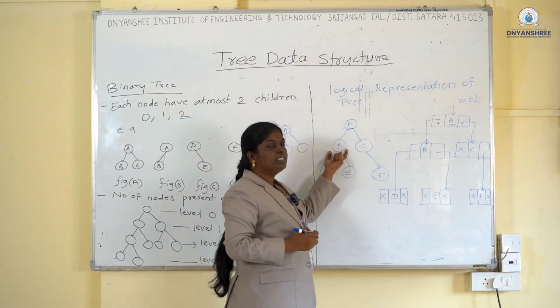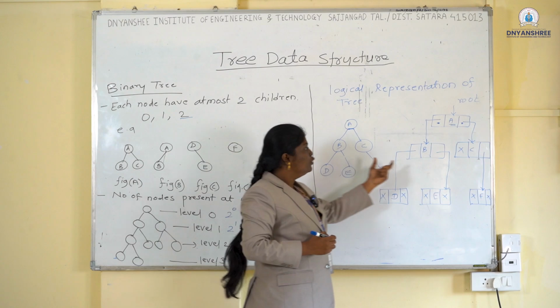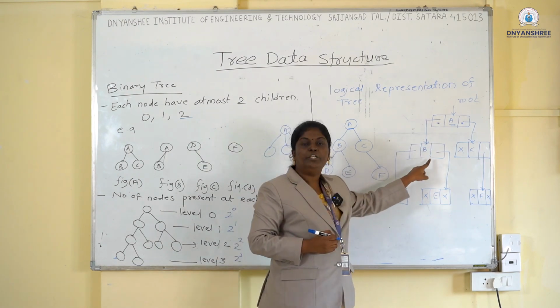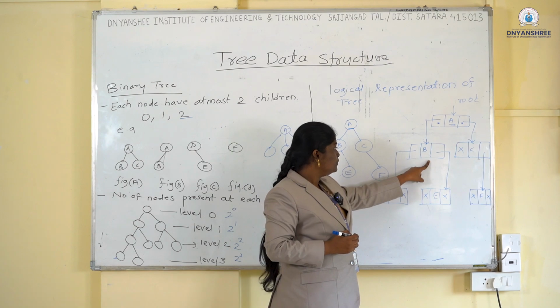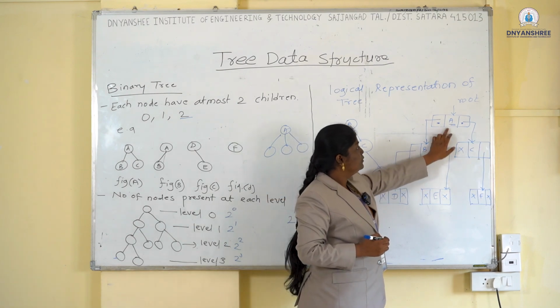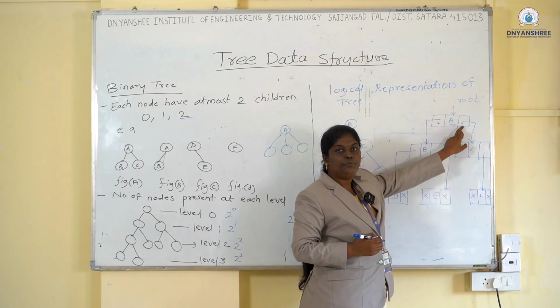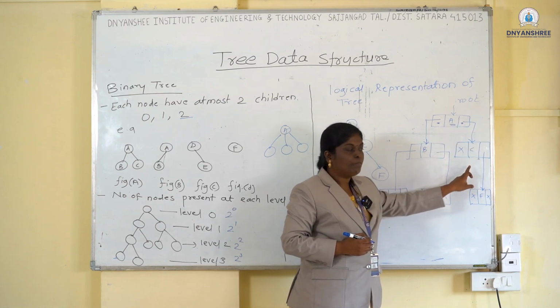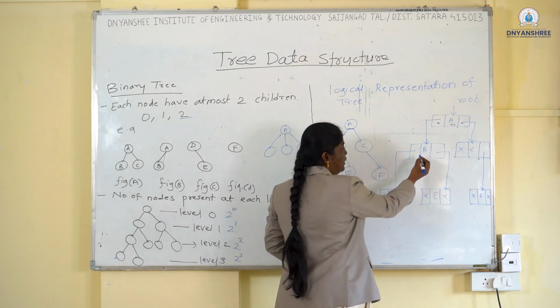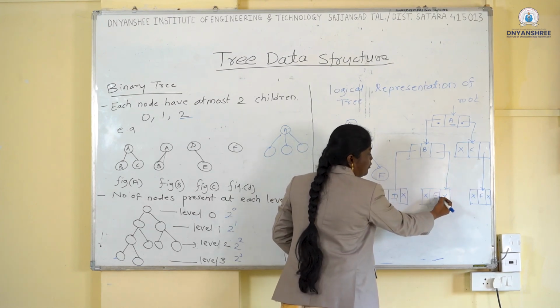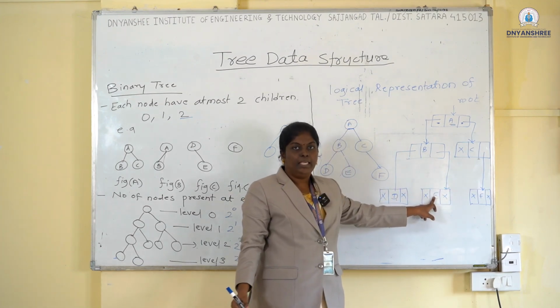B is the left child of node A, so it is situated here, and the left pointer of node A is pointing to node B. Similarly, C is the right child, so the right pointer of node A is pointing to C. Similarly, the left child of B is D and the right child of node B is E.